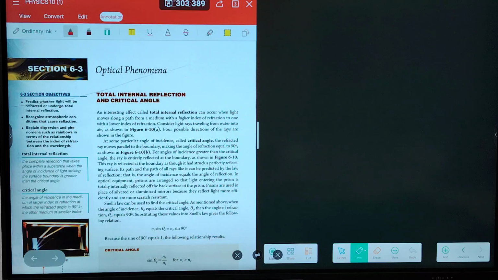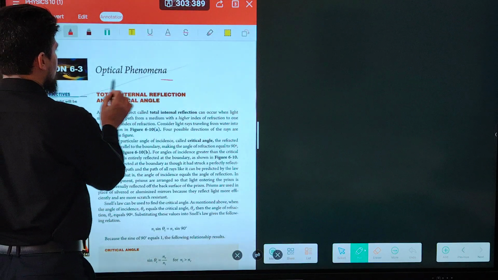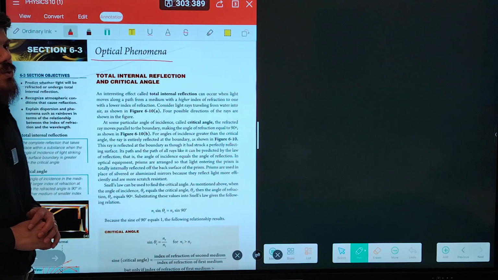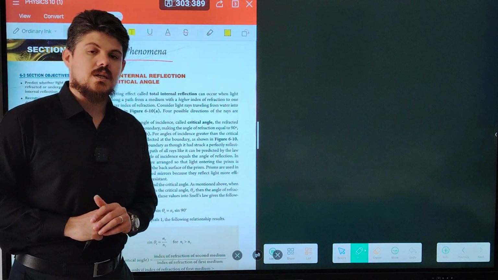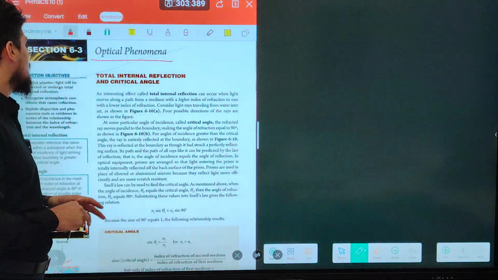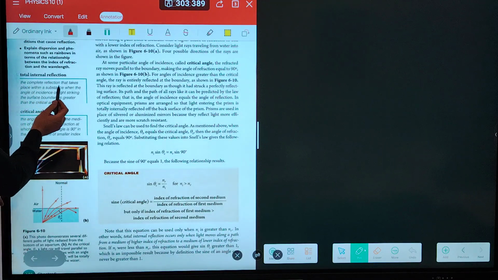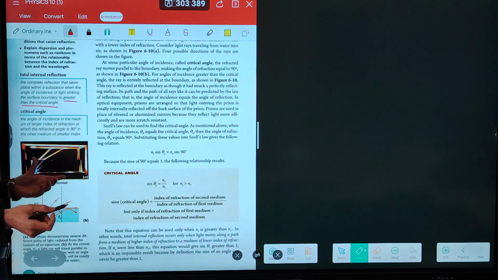Okay, guys. Section 3 in chapter 6 about the optical phenomena. In this section, we are talking about two topics: total internal reflection and critical angle. What is total internal reflection? The complete reflection that takes place within a substance when the angle of incidence of the light striking the surface boundary is greater than the critical angle.